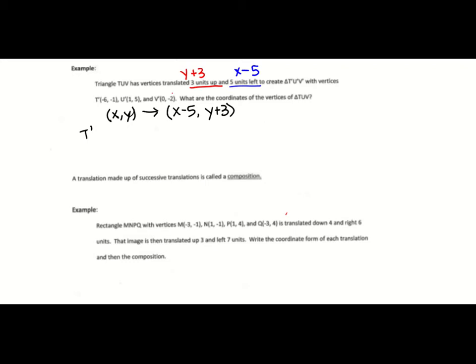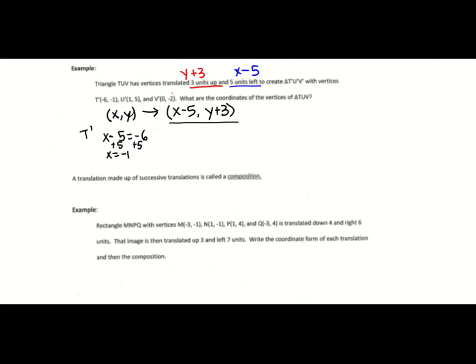Well, I should have x minus 5 equals negative 6. I used that transformation to get that negative 6 value. So now I can solve for x by adding 5 to both sides. When I do that, I get x equals negative 1. That means my original point of t had an x of negative 1.